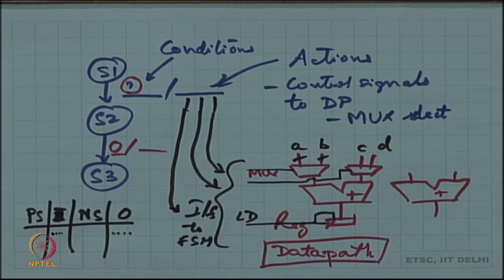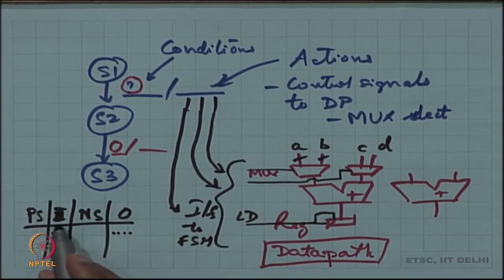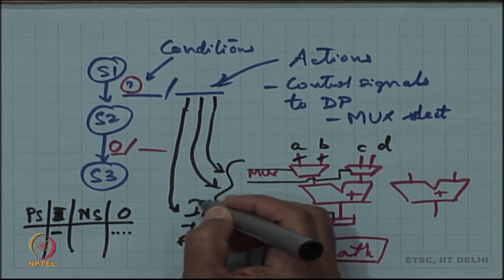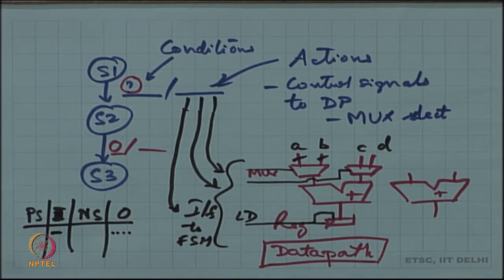So you are right that I should proceed from state S1 to state S2 irrespective of what else is happening, which means that what do I give here for the inputs? Do not care. What are those other inputs anyway? Outputs are clear, these would be the select signals of the muxes. Inputs as of now we did not need, but there may be some status signal. The carry out for example might be useful, as of now it is not useful.